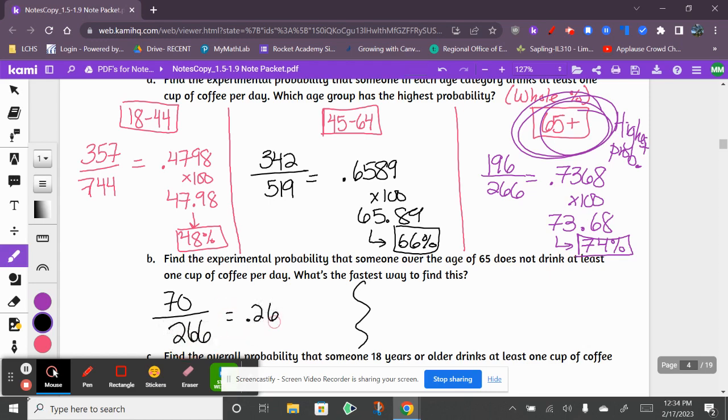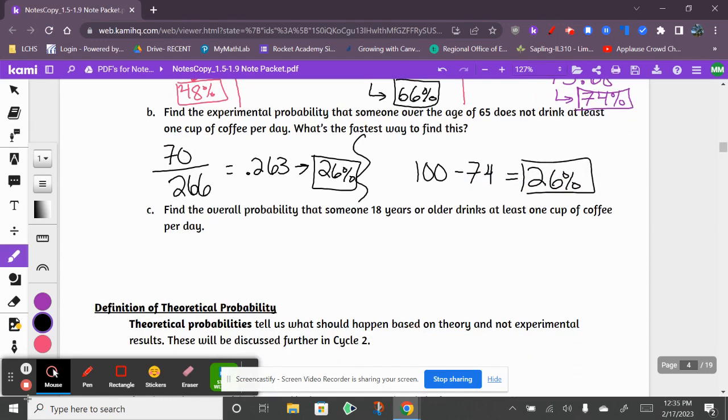We get 0.263 or 26%. But the faster way of doing it, if we already have what percentage do drink at least 1 cup per day, we can just subtract the amount that do from 100 to get the same answer, the amount that don't.